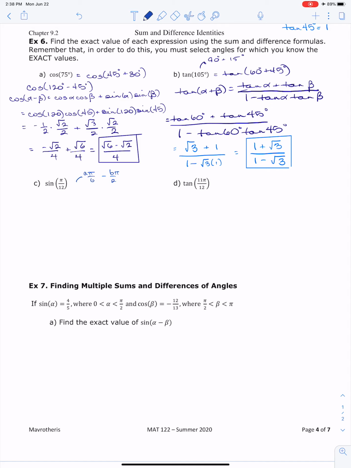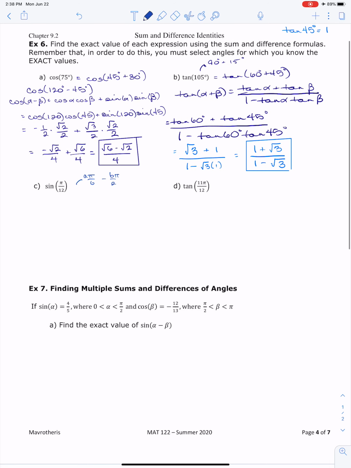I have pi over 2's in my unit circle. I have pi over 6's. When I created my answer key, I wasn't looking at it that way. So I'm going to look for variations on pi over 3's and pi over 4's.